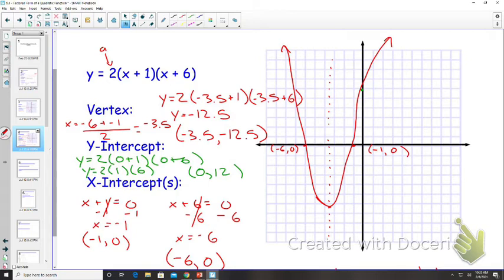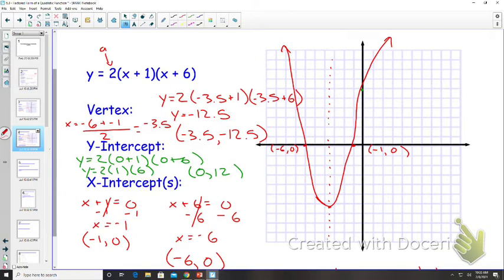And then 1 times 6 is plus 6. So 7x plus 6. And then you get 2x squared plus 14x plus 12. And that's what we had in the first one, right? Yeah, I forgot my squared the whole way. There we go, that's better. 2x squared plus 14x plus 12.